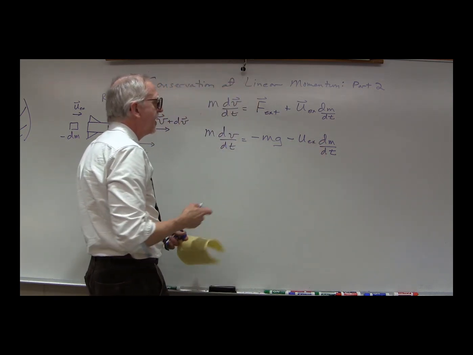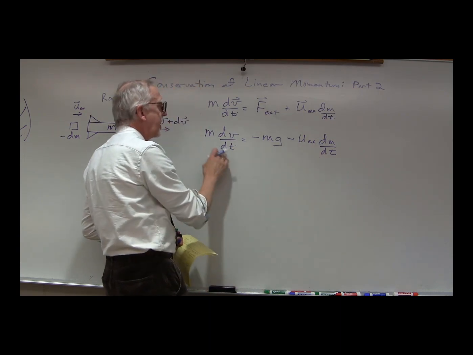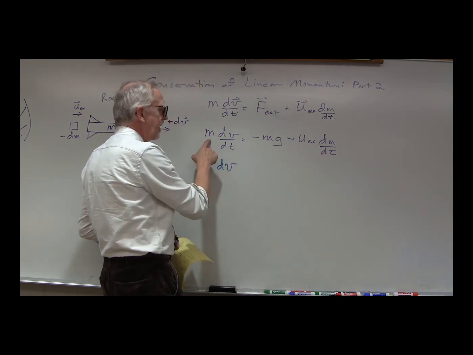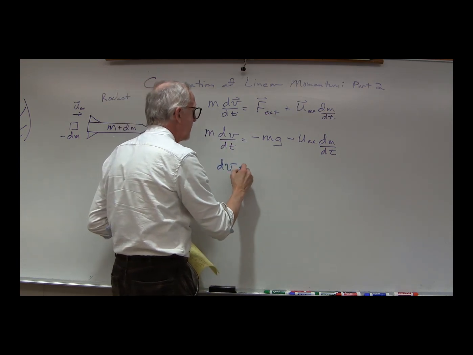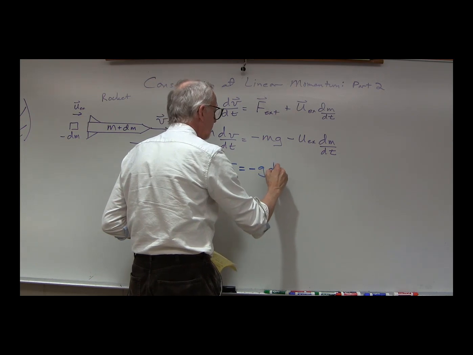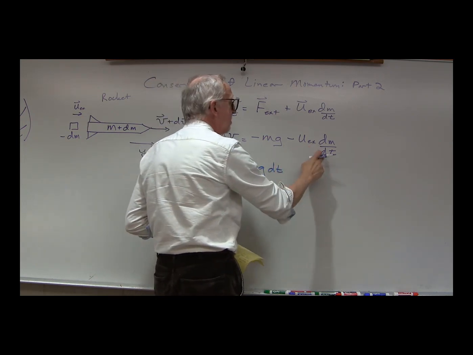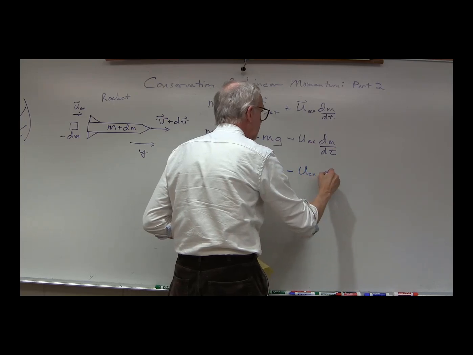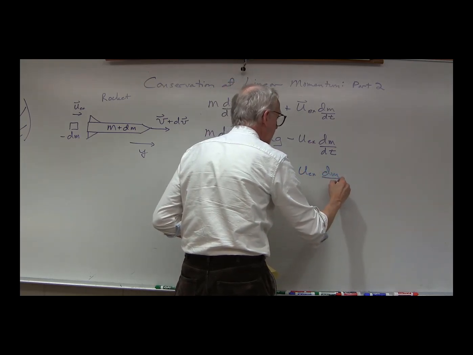Let's multiply by dt and divide by m. So what do we have? We end up with dv equals minus g dt, and then minus u exhaust dm over m.